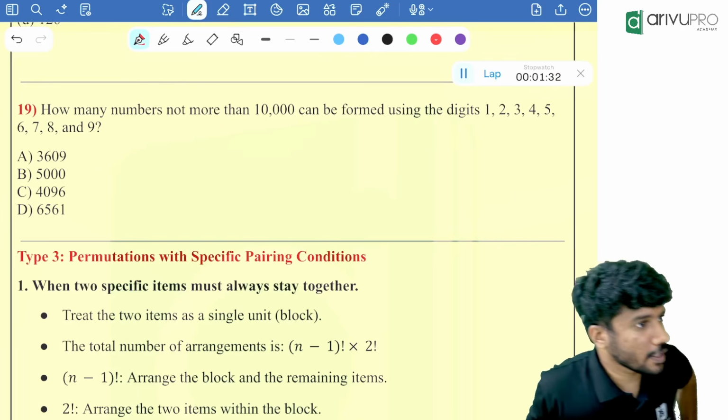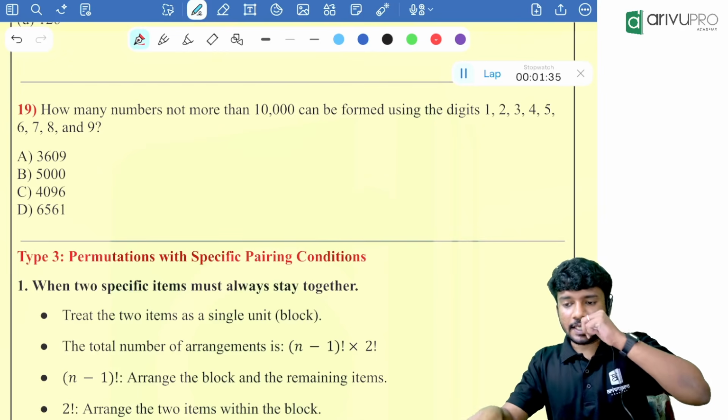Any answers? Nikita, right answer. Awesome. Can I try?